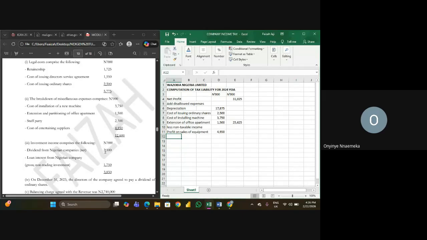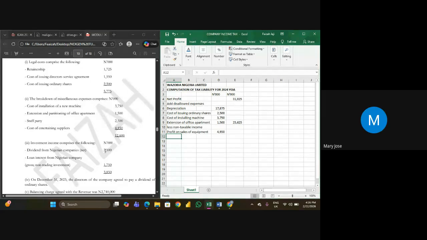Okay. So now let's go to the investment income. Dividend from Nigerian company, is it taxable? No, it's not taxable. Why? The profit has been subjected to CIT. No, it is not CIT that it has been subjected to. Withholding tax.